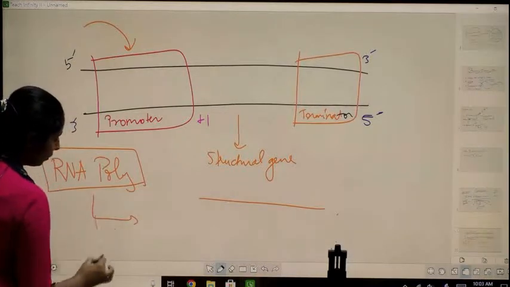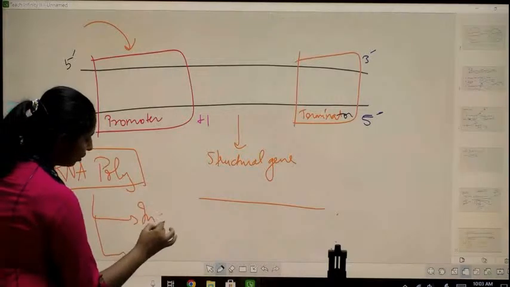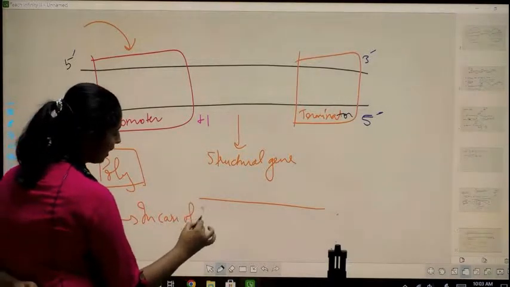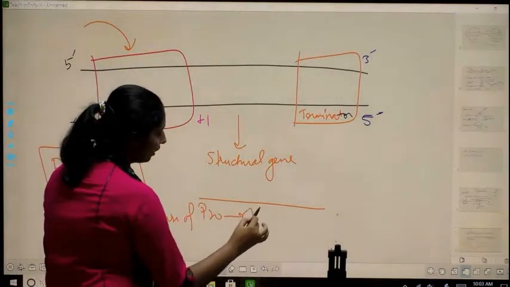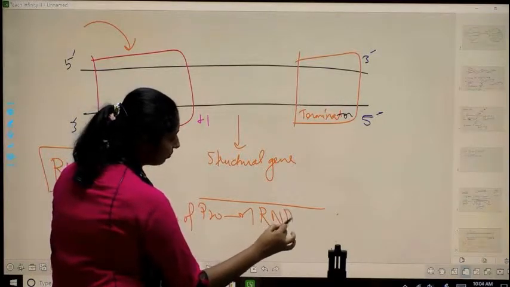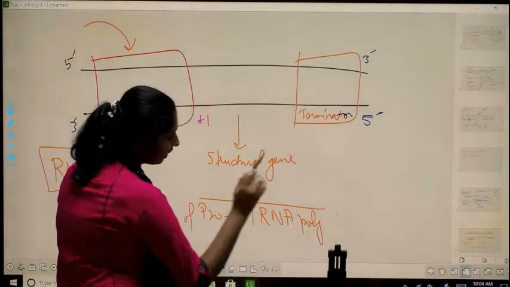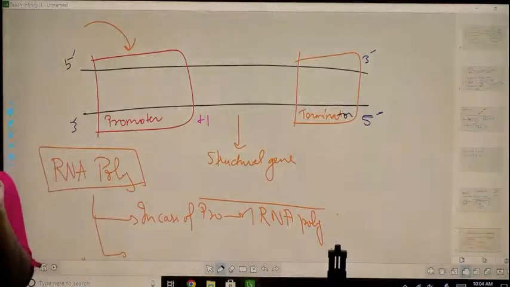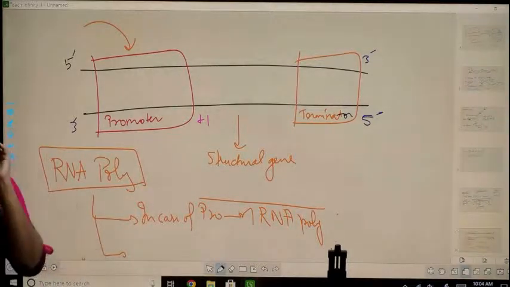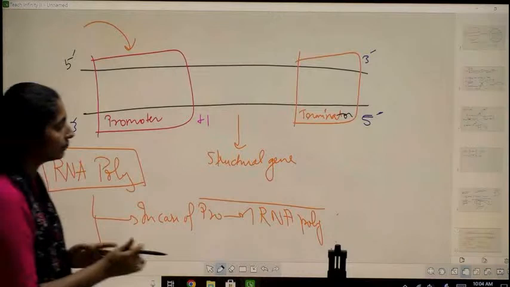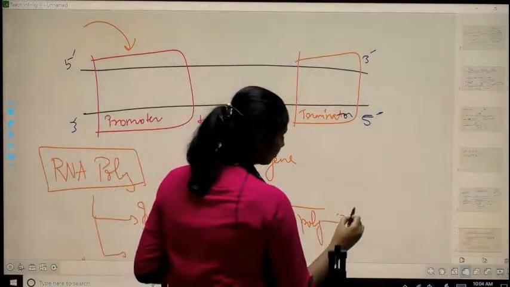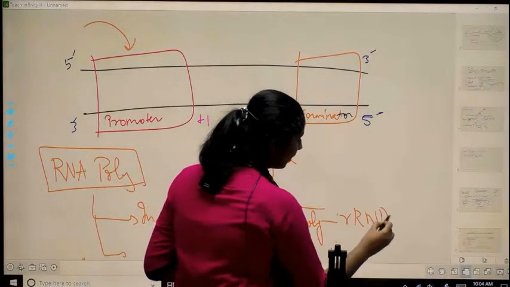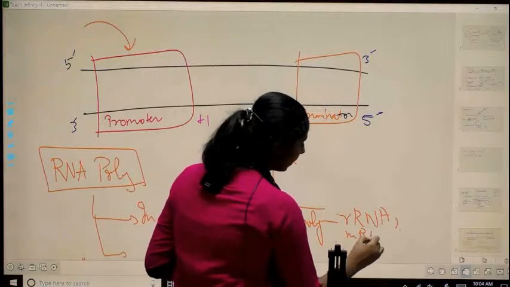Now, RNA polymerase, in the case of prokaryotes: we just have one RNA polymerase. And this one RNA polymerase would transcribe the different classes of RNA that are there, that is, ribosomal RNA, mRNA, and tRNA.